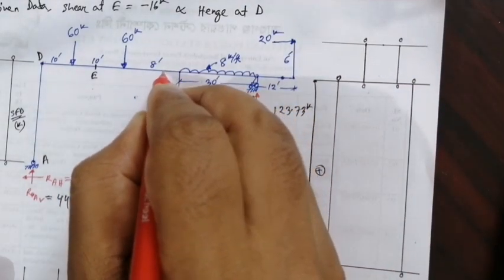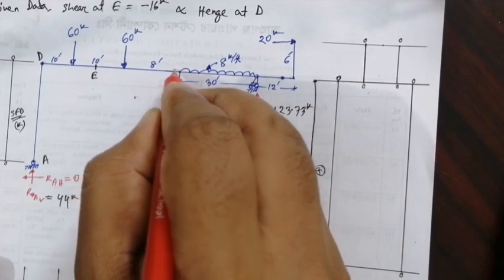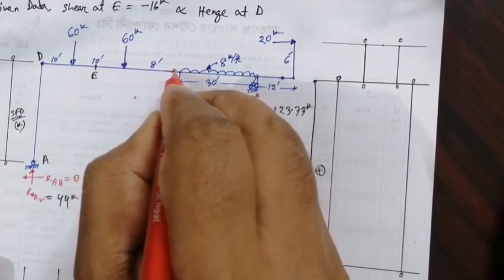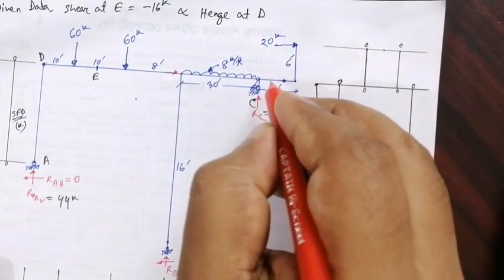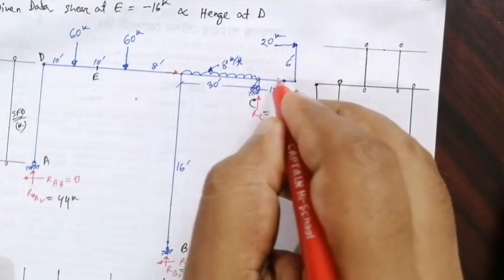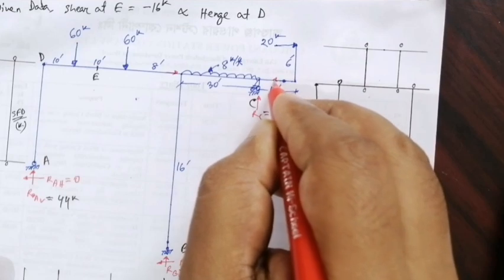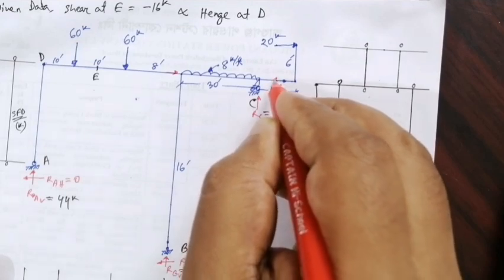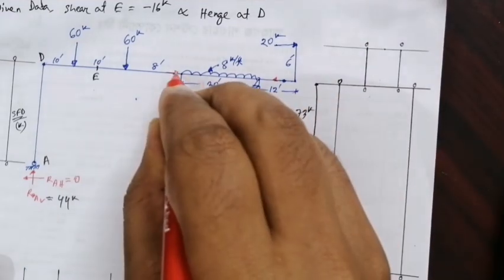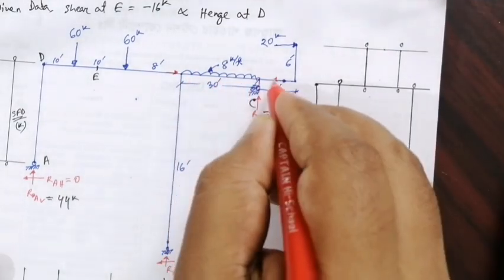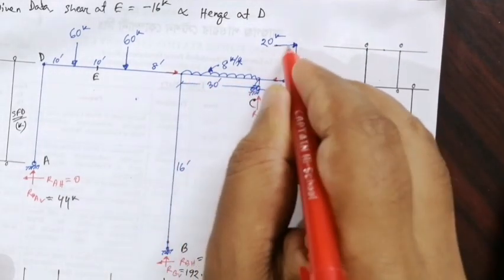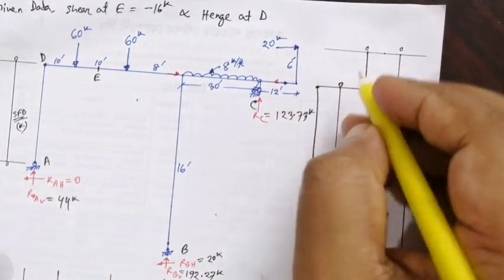If we make a free body, there is this type of 20 kip this way, balanced by another 20 kip this way, and these 20 and 20 are balanced by 0.